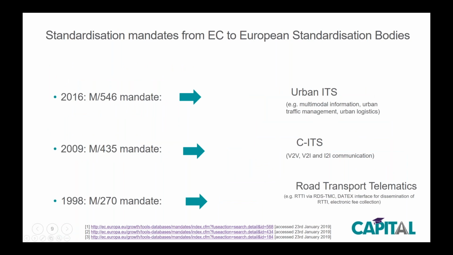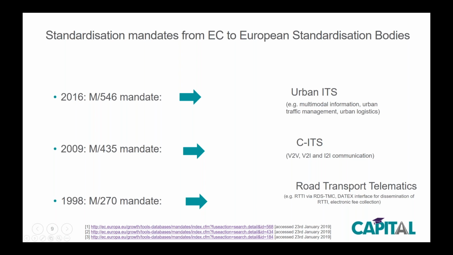So far, there have been 3 standardization mandates from the European Commission to European standardization bodies. The first one was in 1998 on road transport telematics, nowadays called intelligent transport systems.